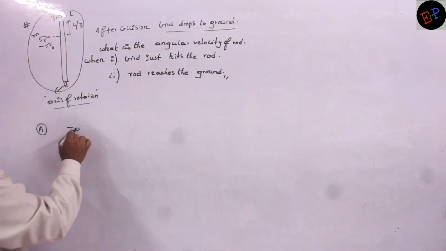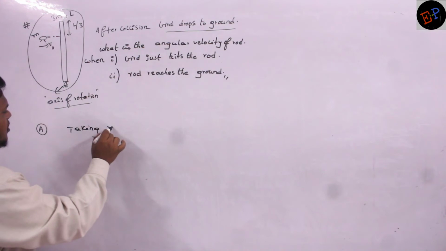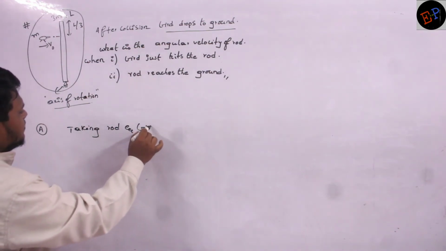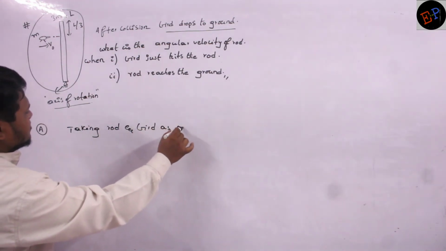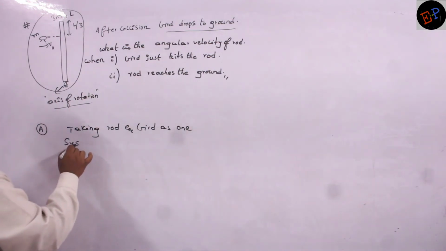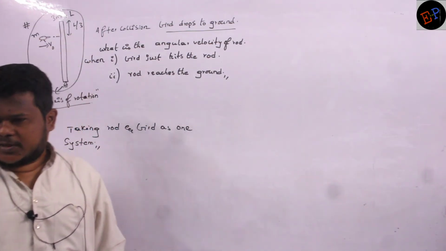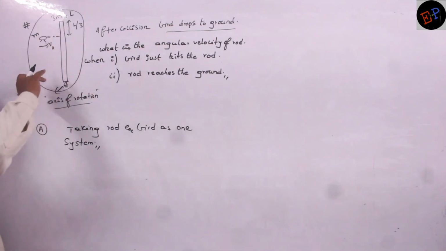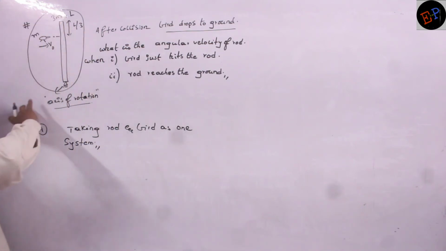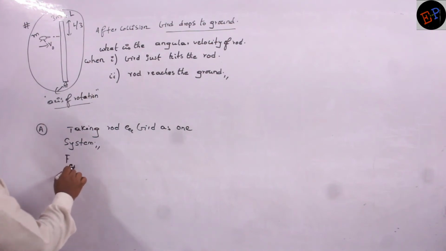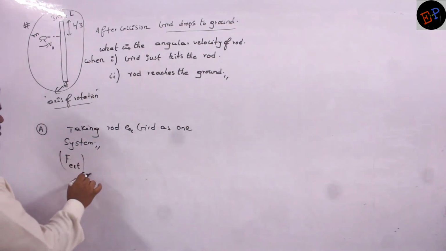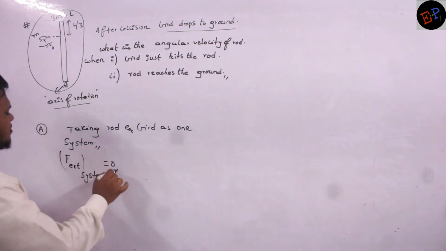Taking rod and bird as one system. Are you able to understand? If I take both of them as one system, then the total external force acting on the system is 0. From the external surroundings, is any external force acting on this system? No. So the external forces acting on the system are 0.